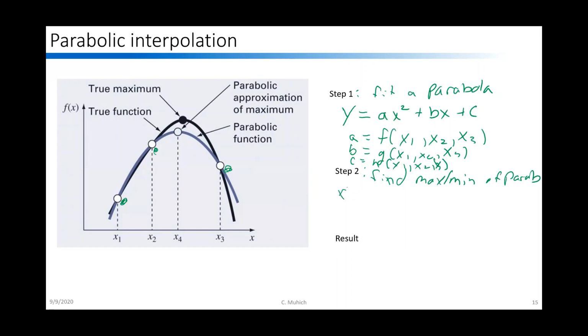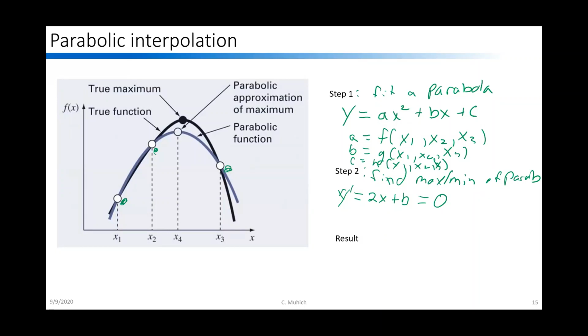So we need to find out what y prime is. In this case, 2ax plus b. We're able to rearrange this equation, and we want to set this equal to 0 so that we can then find where the maximum of that parabola is.